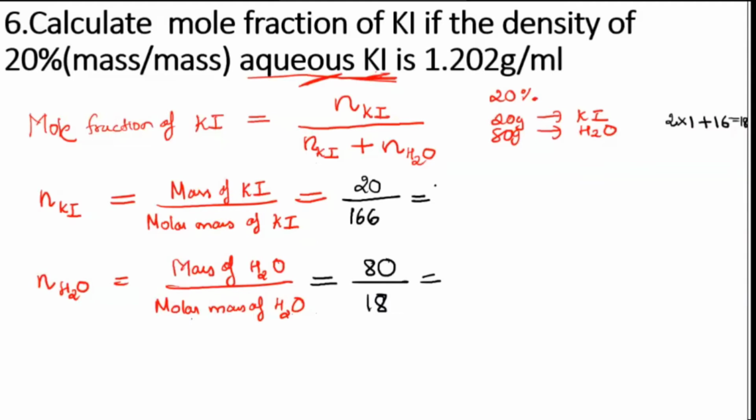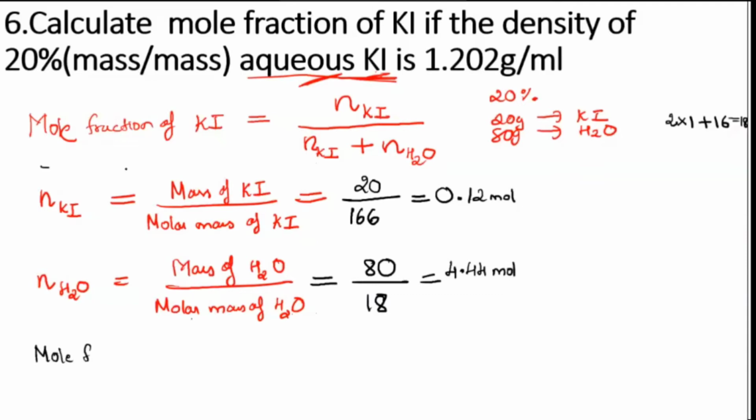Check your answer. The first one, the number of moles of potassium iodide, is this much, no? 0.12 mole. Yes, correct. The second one is 4.44 moles. So we got both. Now direct substitution. Substitute in the first formula of mole fraction.